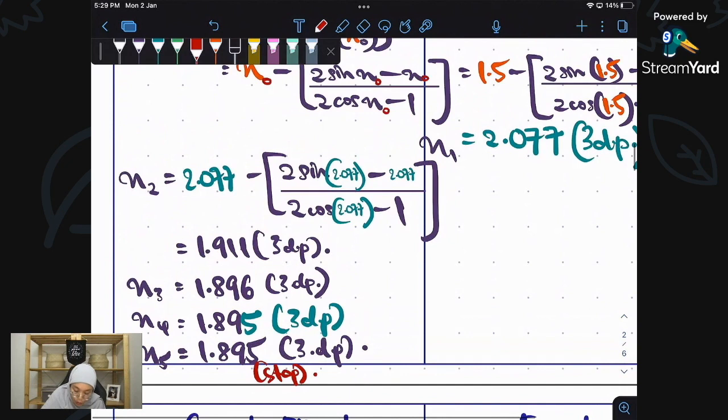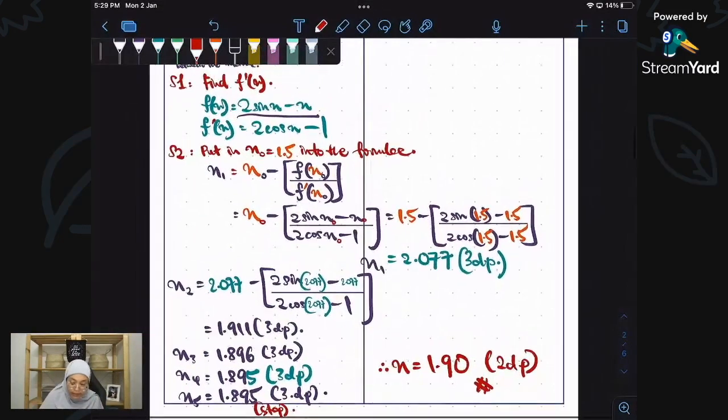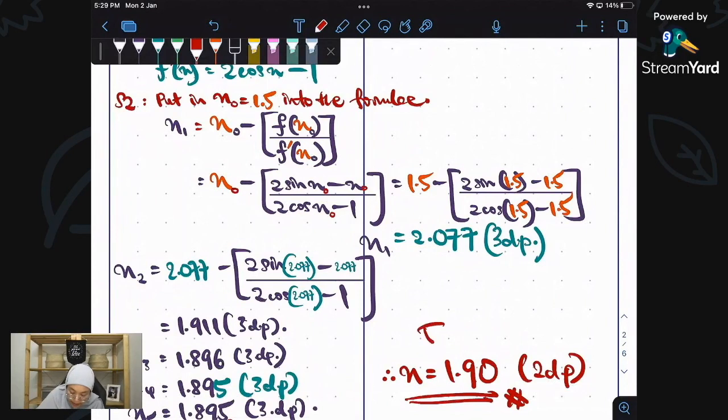You stop and you write down your final answer is actually x equals to 1.90 because this is in 2 decimal places that they want from you guys. That's it. This is the final answer. The final exact value in terms of 2 decimal places that they want from you.